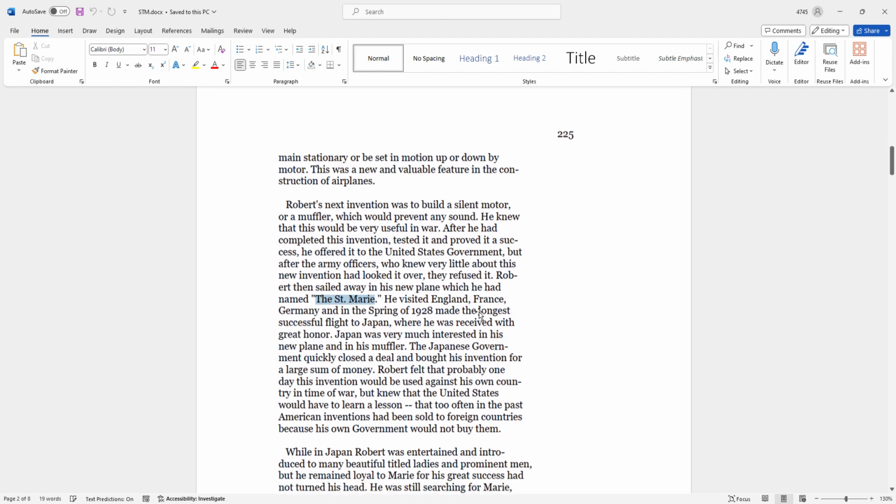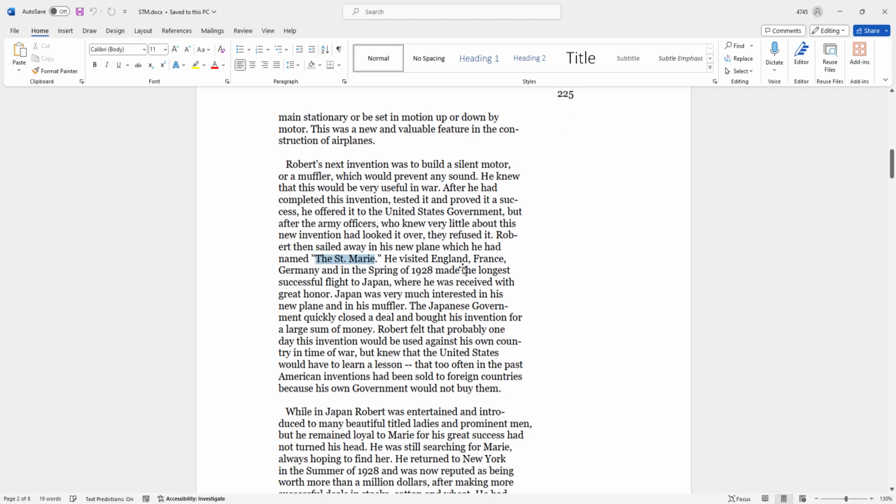Again, he visited a lot of countries with it and also made the longest successful flight to Japan. Now, the question arises: from where? This is the longest, but from where, right? So you want to know the anchors of these two pivots.